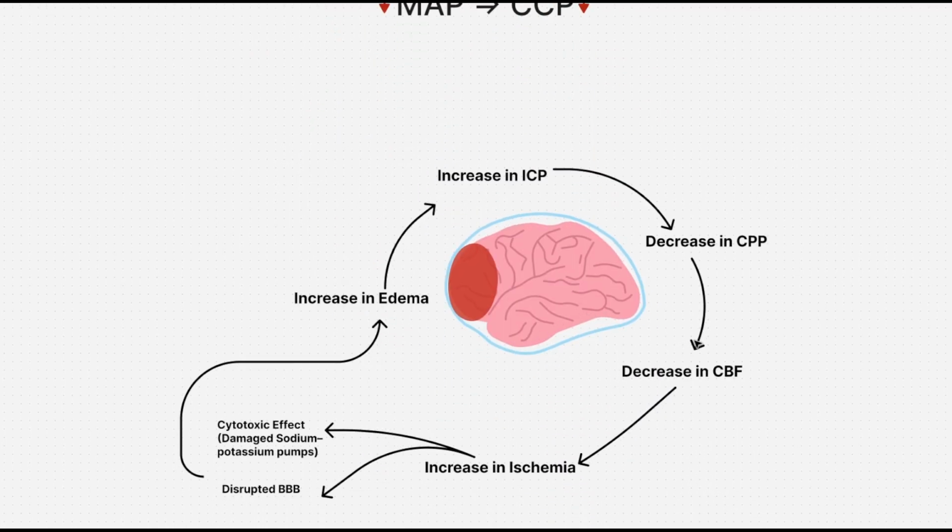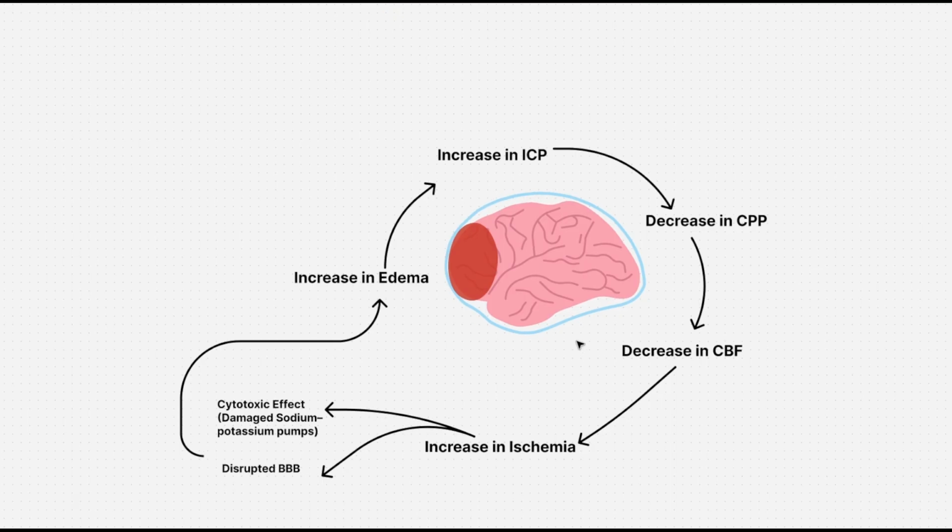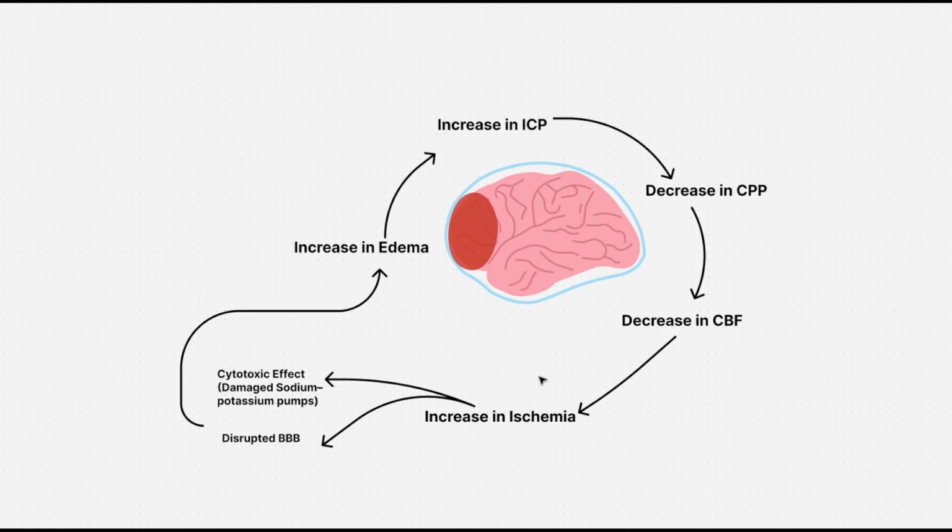If we have a decrease in cerebral blood flow, this means the brain tissue is not getting enough oxygen, so it's starting to become ischemic. And then this can lead to hypoxia. And this will have two effects. The ischemia and hypoxia will have a cytotoxic effect on the cells.